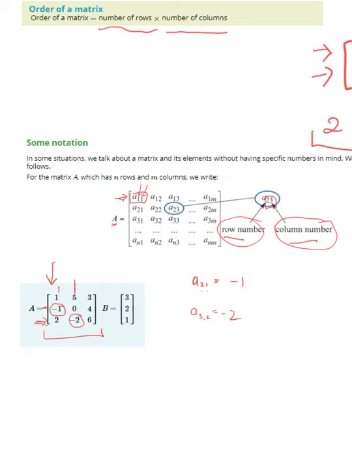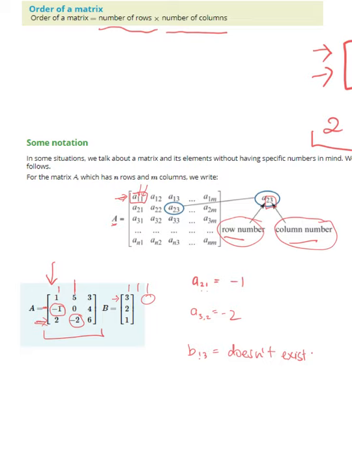What about B, let's go 1, 3? So this is telling me row 1 and column 3. So this element doesn't exist because it's not there.